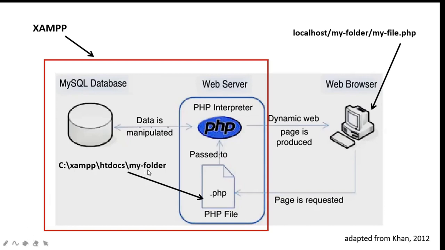So we created a folder, and every PHP script that we write, we save that PHP file in that folder. So once you write your PHP script, how did you call that? You just go to your web browser, Chrome or Firefox or any other web browser that you're familiar with.